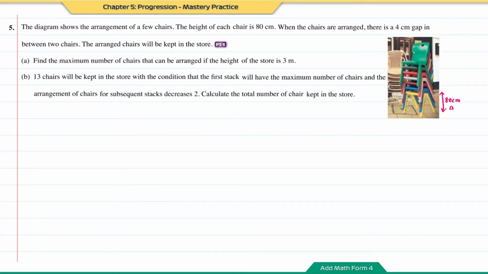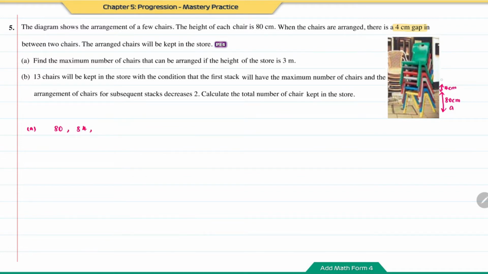And there is a 4 centimeter gap between two chairs. So after you stack the second chair, you're going to have a 4 centimeter gap here. For question A, the first term is 80 centimeters. And when you stack the second chair plus another 4 centimeters, the height is going to be 84.